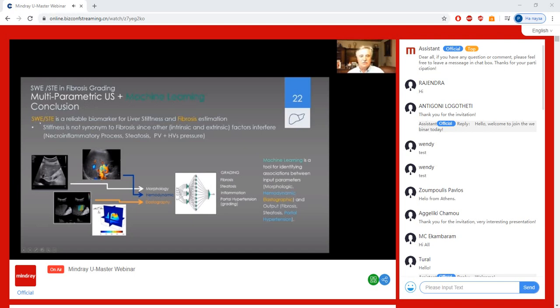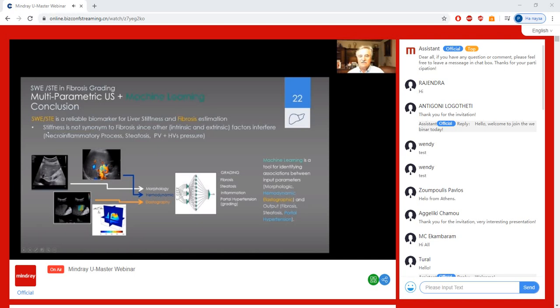It is no doubt that shear wave elastography and sound touch elastography is a reliable biomarker for liver stiffness and fibrosis estimation.